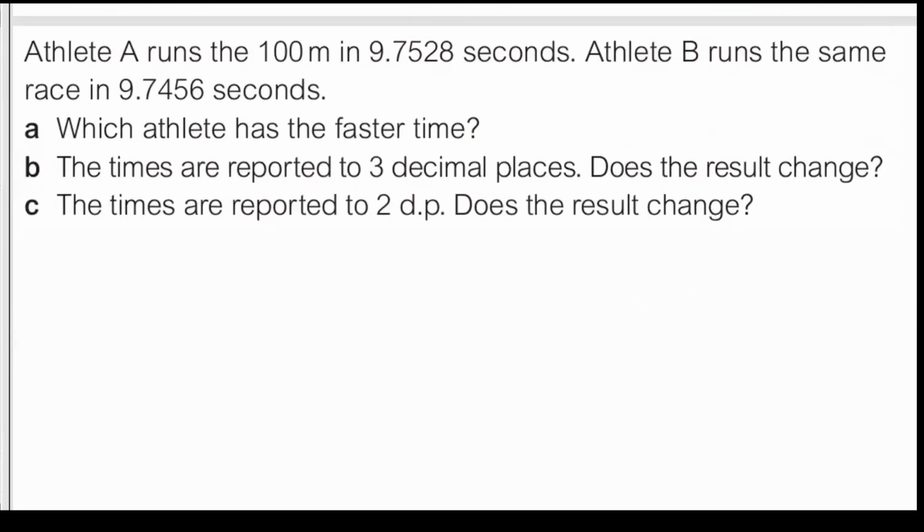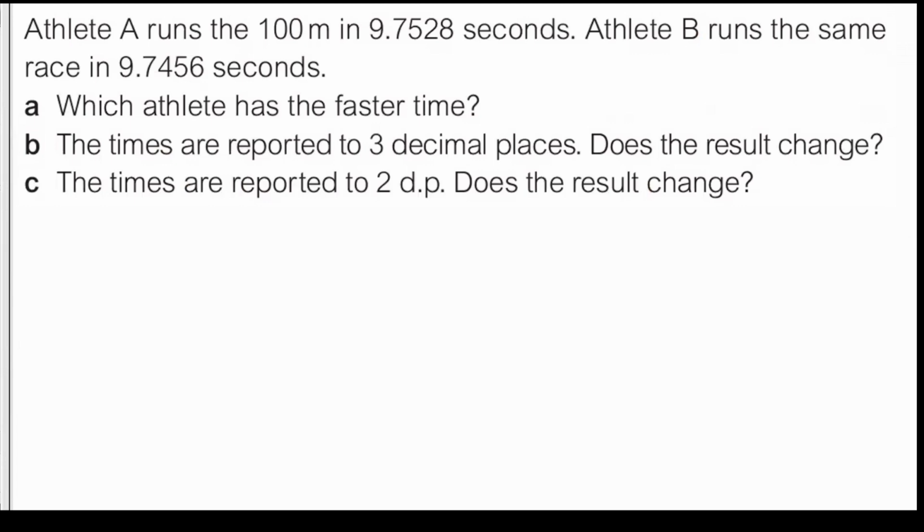Now, let's try a word problem. Whenever you have a word problem, the trick is to extract your information. So you have athlete A runs in 9.7528 seconds.